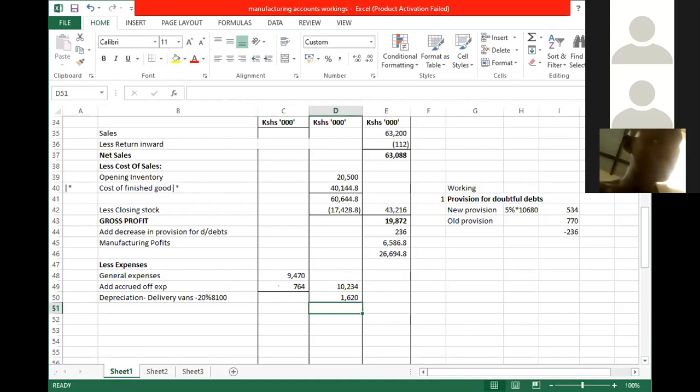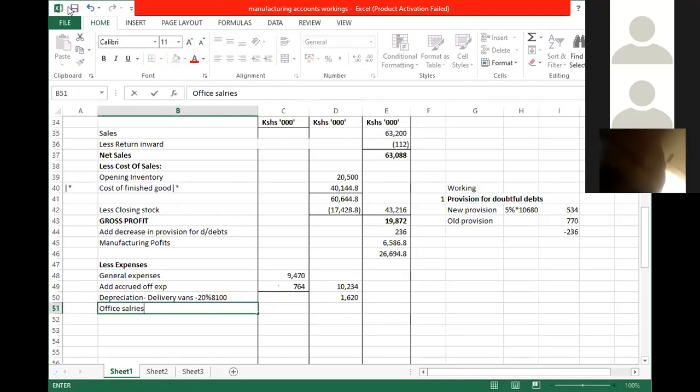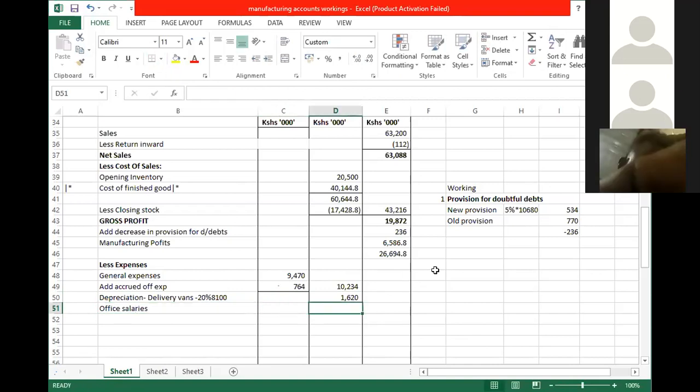Have we catered for the office salaries? Do we have anything like office salaries? Good people, I know you are tired. We're almost through. What is the amount of office salaries? 25.